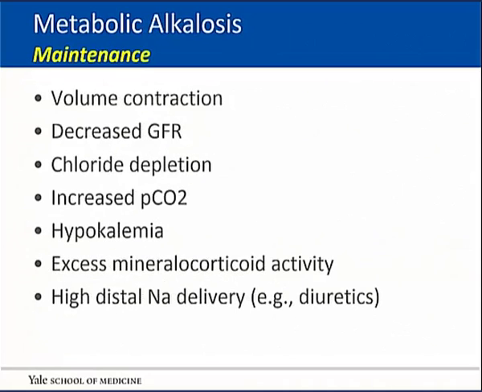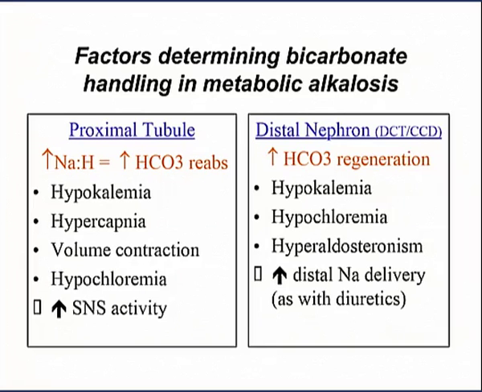Once you develop something that generates it, you've got to maintain it, and what maintains it is the volume contraction, which decreases GFR, so you cannot dump bicarbonate, the chloride depletion, which keeps on sustaining bicarbonate regeneration, increased PCO2, hypokalemia, too much aldosterone around, and continued provision of sodium, especially diuretics, which allows the distal nephron to keep on regenerating lots of bicarbonate and not excreting acid.